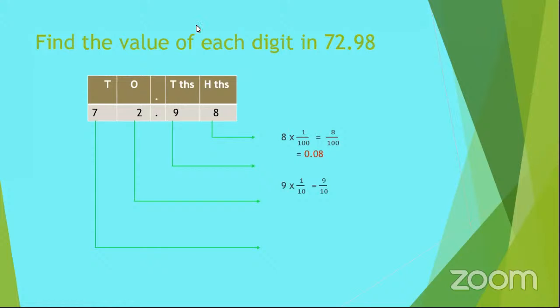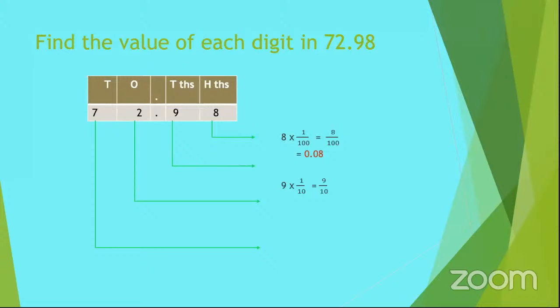Who can tell us 9 out of 10 in a decimal number? Yes, Esther. It is 0.01. Remember, we have the denominator, the numerator is 9 out of 10. 10 has only 1 zero. That means after the decimal point, we shall have only 1 digit.